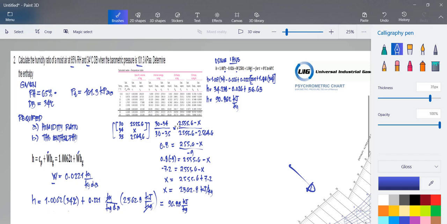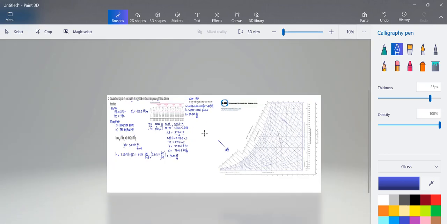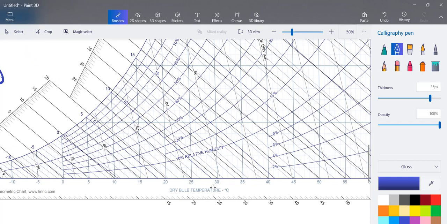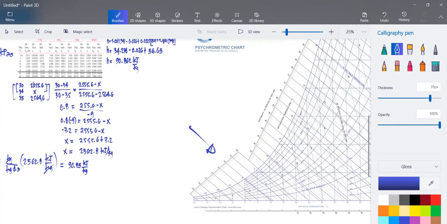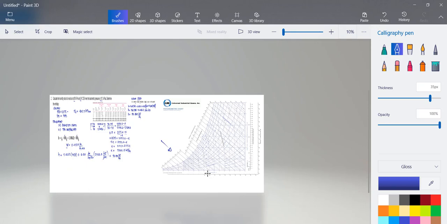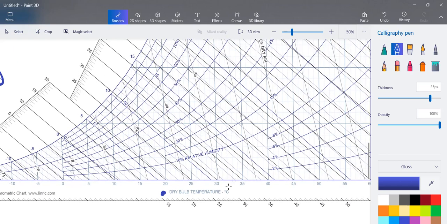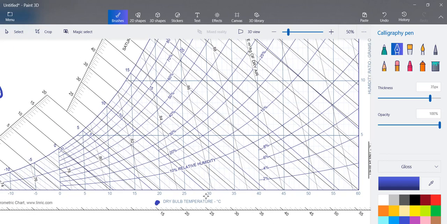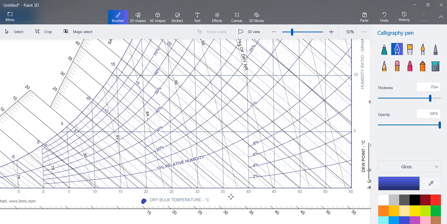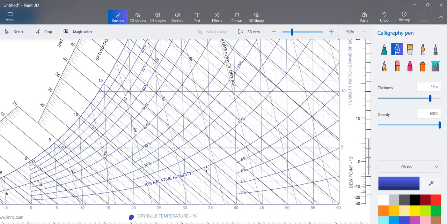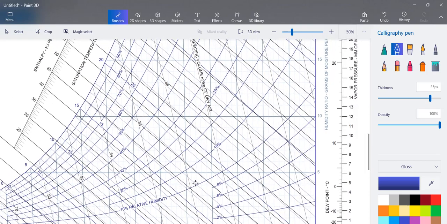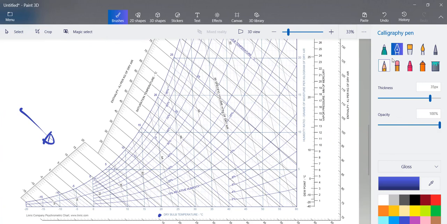First we have 34 degrees, so let's plot that one. From here, you will notice this is the dry bulb temperature. That is 34. We have here 20, 30, so 34 is here, where it runs. So we can plot that one.